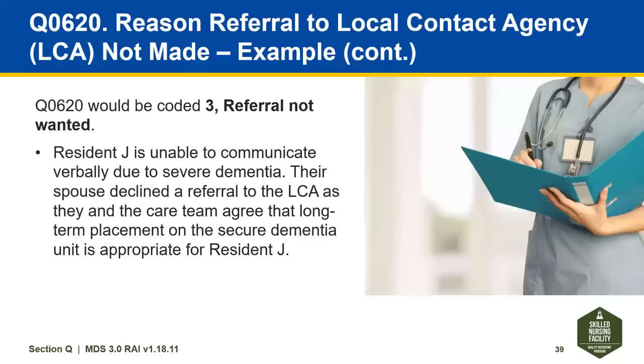In this case, Q0620 would be coded 3, referral not wanted. Resident J is unable to communicate verbally due to severe dementia. Their spouse declined a referral to the LCA as they and the care team agree that long-term placement on the secure dementia unit is appropriate for resident J.